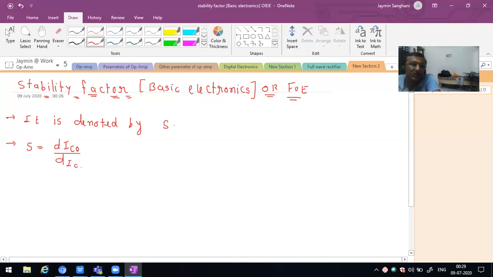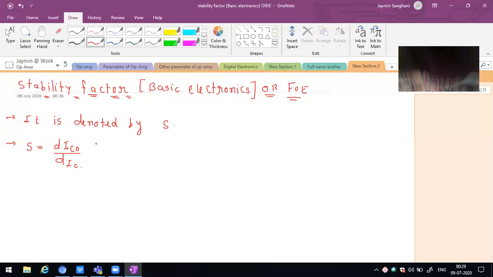With respect to leakage current, what is the change that can be present in the collector current? That can be denoted by stability factor S, which is known as 1 upon S.